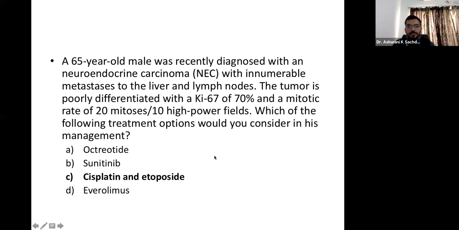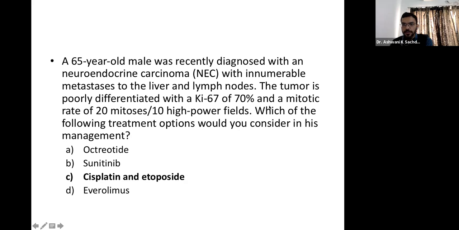So the answer in this case is cisplatin and etoposide. As I've mentioned earlier, it's a neuroendocrine carcinoma. Neuroendocrine carcinomas are very high grade, in the lung also and otherwise also. In this question, they are telling us that Ki67 is more than 70%, so it is a very fast growing tumor, and the mitotic rate is also 20 mitoses per 10 high power fields.